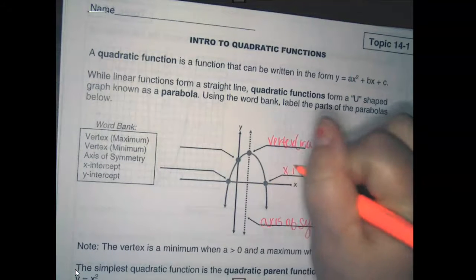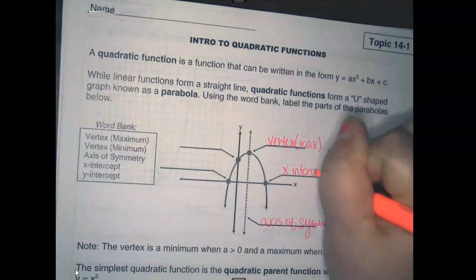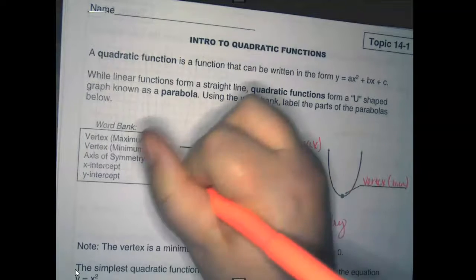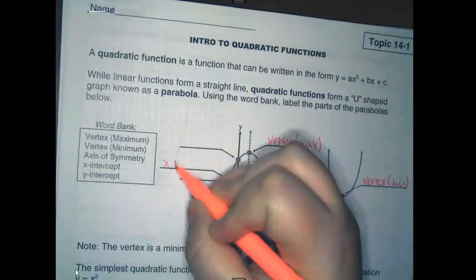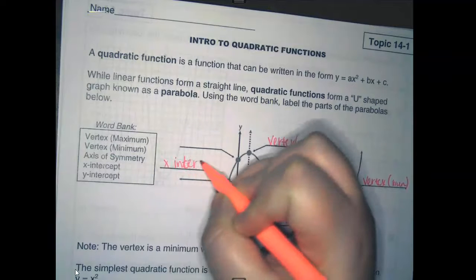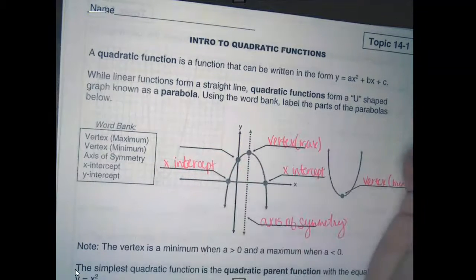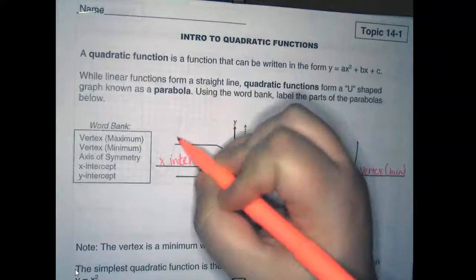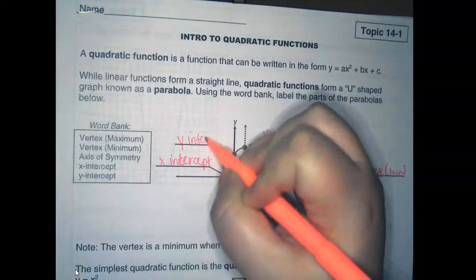This is not always true. There is a situation where it only does one, and there's a situation where it does none. Intercept, sorry, I was not spelling that right. And then we have our y-intercept where it crosses our y-axis.